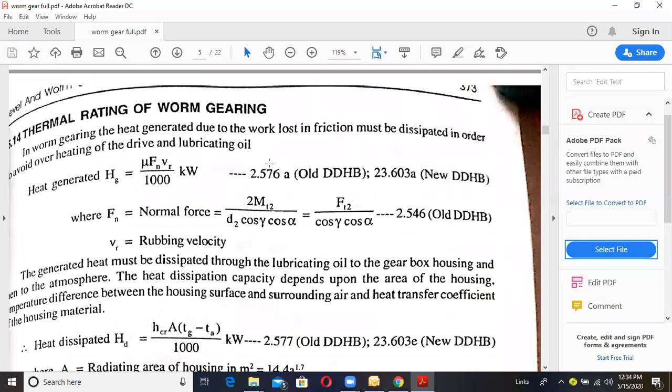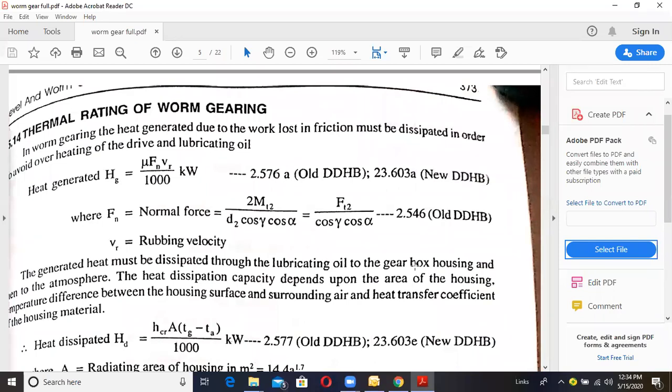The heat generated must be dissipated through the lubricating oil. Always you know that oils are used to reduce the heat, right? So the heat goes through the lubricating oil to the gearbox housing and the atmosphere. The heat comes out from the oil, is transferred into the gearbox, then comes out to the atmosphere.